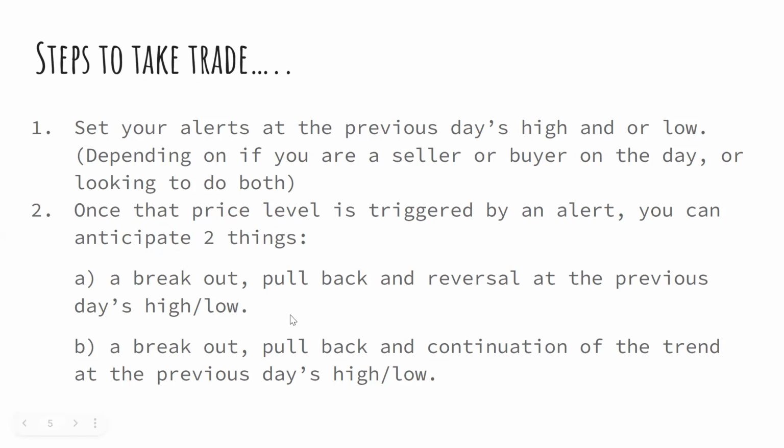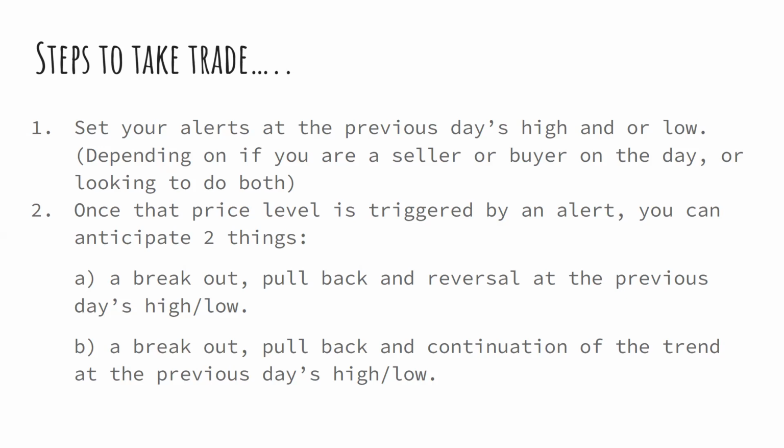Once that price level is triggered by the alert, you can anticipate two things. As we've said, price only does three things: breakout, pullback, and reverse, or breakout, pullback, and continue the trend. And it can also break out, pull back, and consolidate or go into a range.